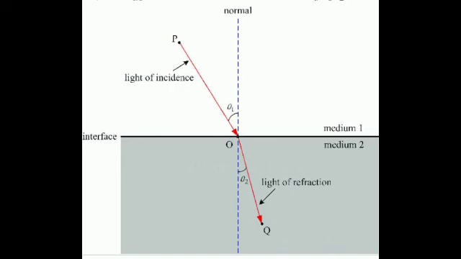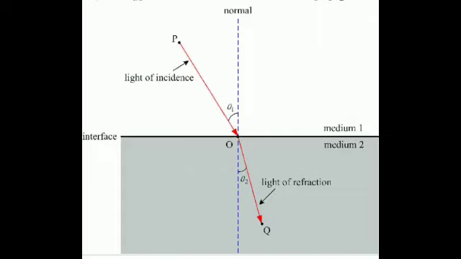Next, the speed of light in a medium is low if the refractive index of the medium is high, and vice versa. When light travels from a denser medium into a rarer medium, the refracted ray is bent away from the normal drawn to the interface.